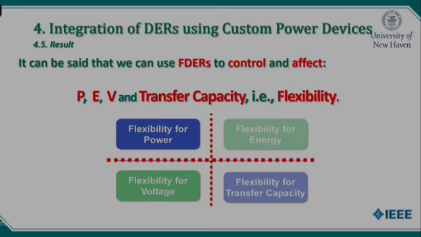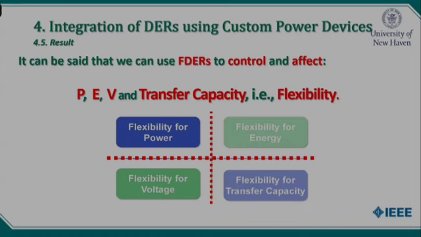From its concept, it is now clear. I'm using these devices in this combination in order to improve the flexibility of the system. Why can I do it? Because I can affect active power, energy, voltage, and transfer capacity. Next slide, please.